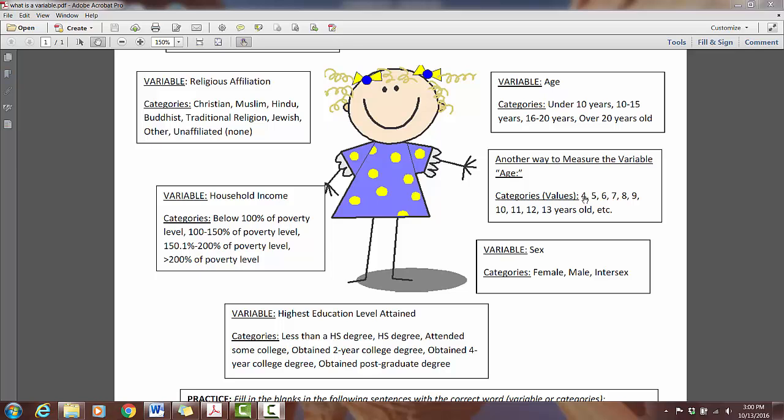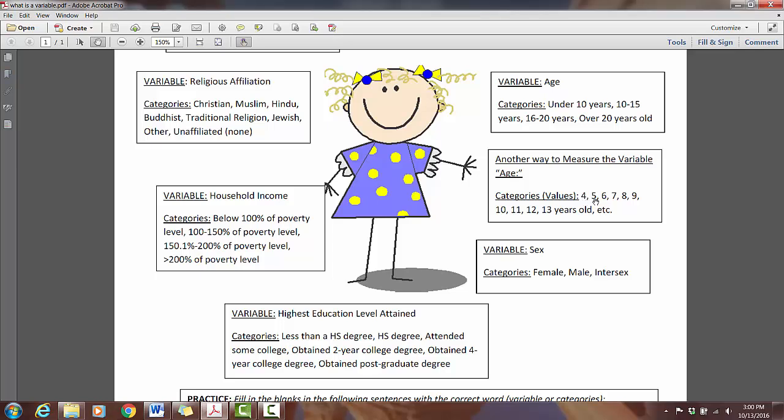If we were keeping track of kids' ages, they probably wouldn't be filling the survey out themselves, but if we had a group of kids and we were doing research about them and keeping track of their characteristics, one of those characteristics might be their age. If the youngest kid in our study was 4, the first category would be those that are 4 years old.